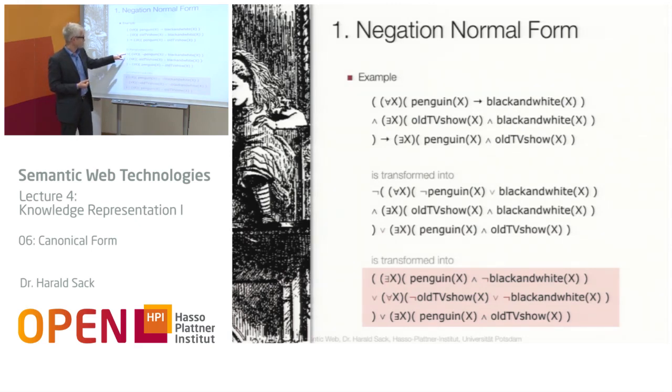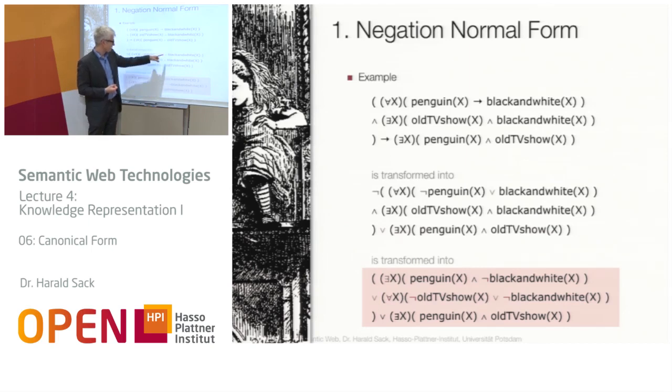And then we have to move this again over the universal quantifier into the next braces, and therefore the universal quantifier changes into an existential quantifier. And we have here inside not penguin becomes penguin, and the second one becomes not black and white, and the former disjunction becomes a conjunction.